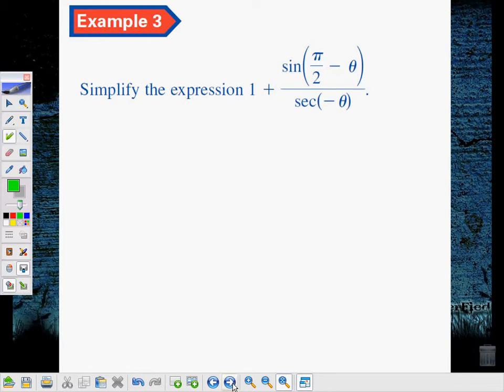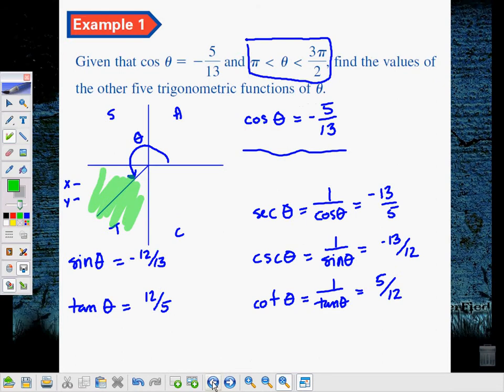Let's get a little bit more involved with a larger expression. Don't let all of the terms and everything here freak you out, because there's some familiarity we're going to see in this problem. Looking at it, I look for anything that might resemble one of our identities. And I vaguely remember something having to do with the pi over 2 minus theta, sine of pi over 2 minus theta.